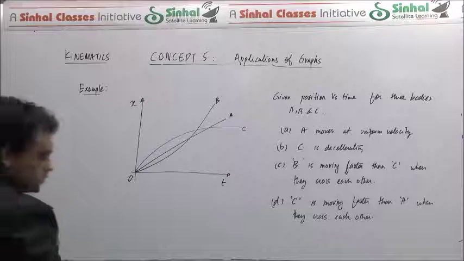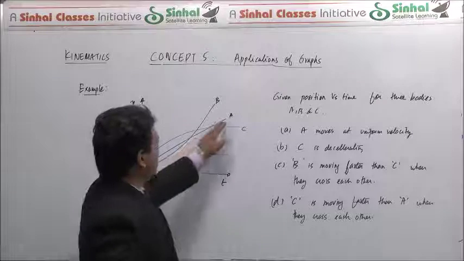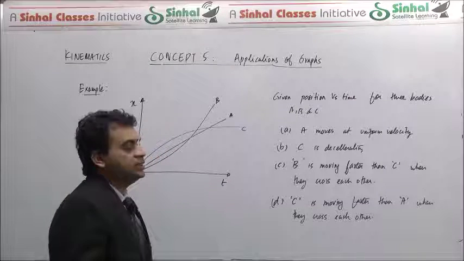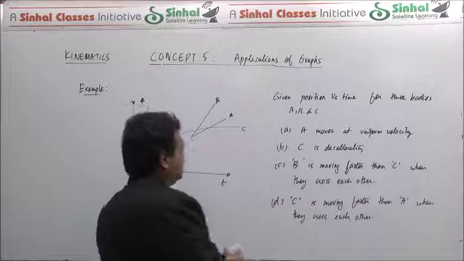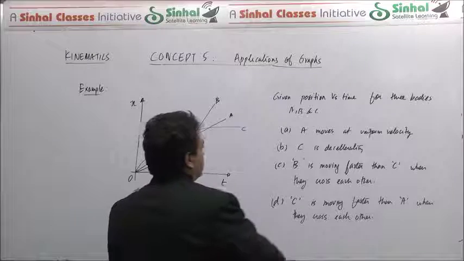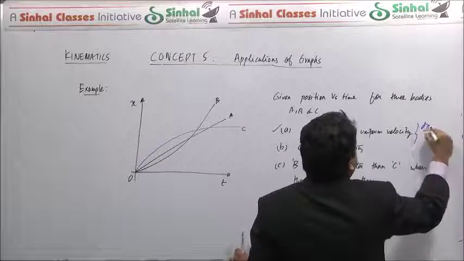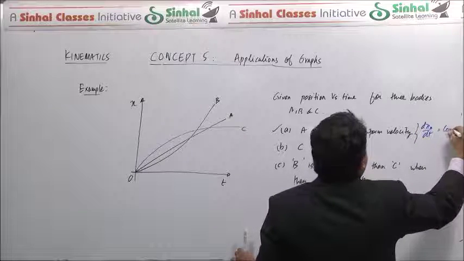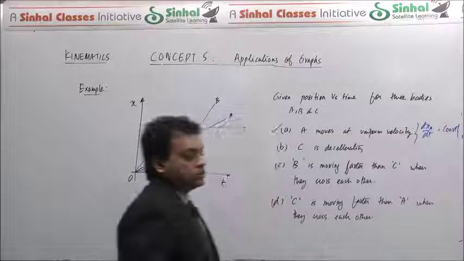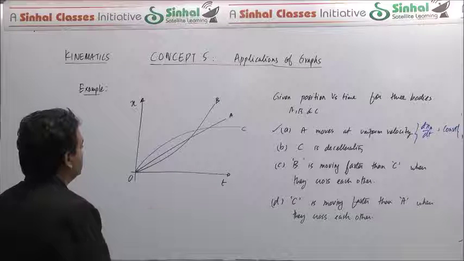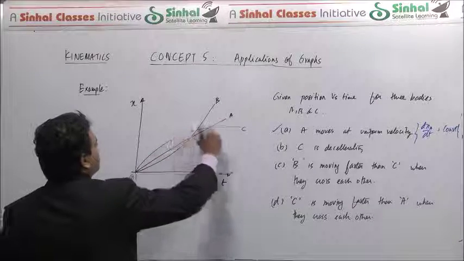Let's analyze each option. Now you can see in the graph that the displacement of A versus time, or the position of A versus time, is linear. So this option becomes correct because it's a straight line, so its slope is constant. Now we can also see that as far as C is concerned, the slope is decreasing.